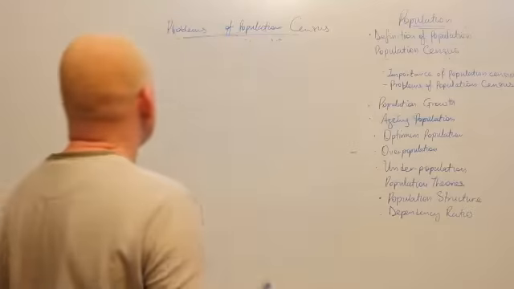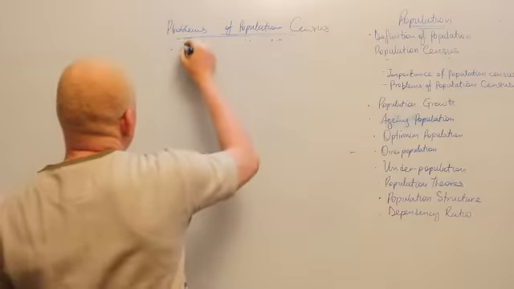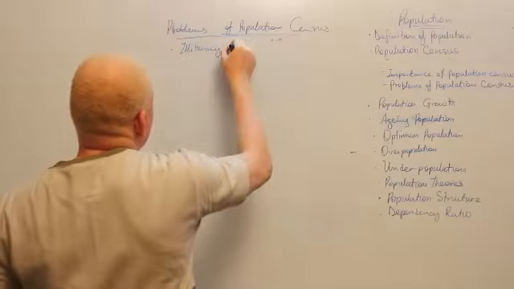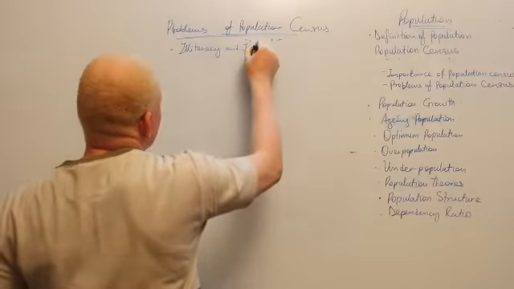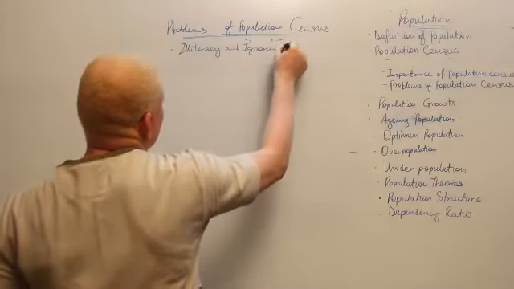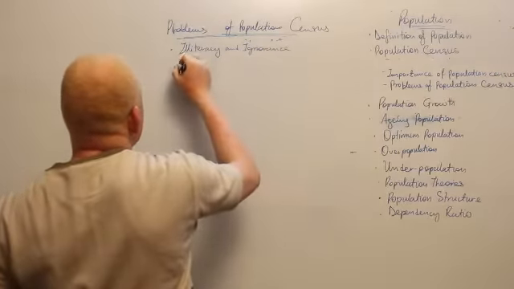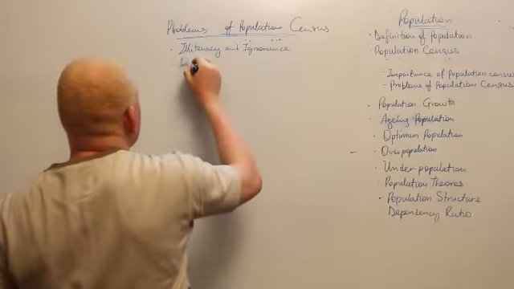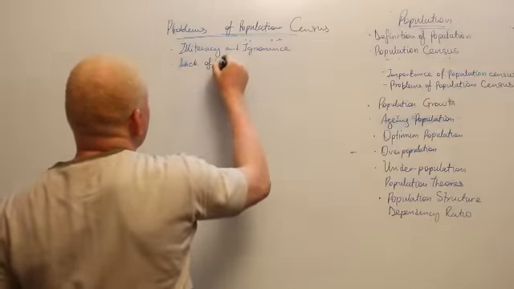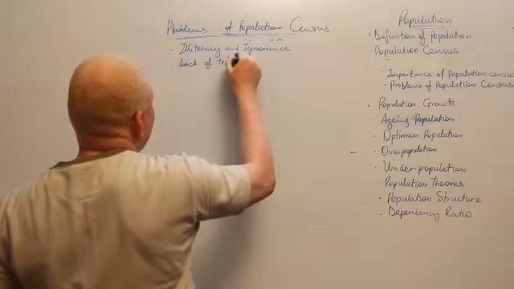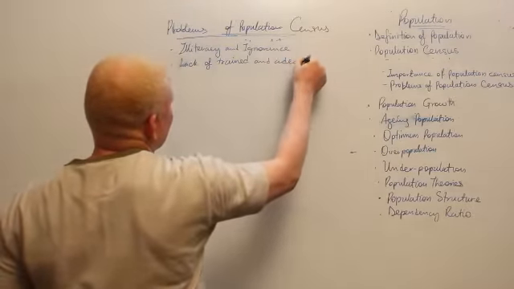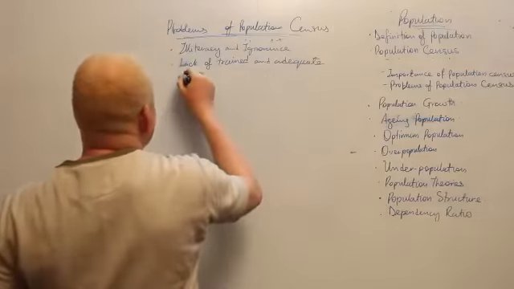The first one is illiteracy and ignorance. Second is poor or lack of trained and adequate manpower.